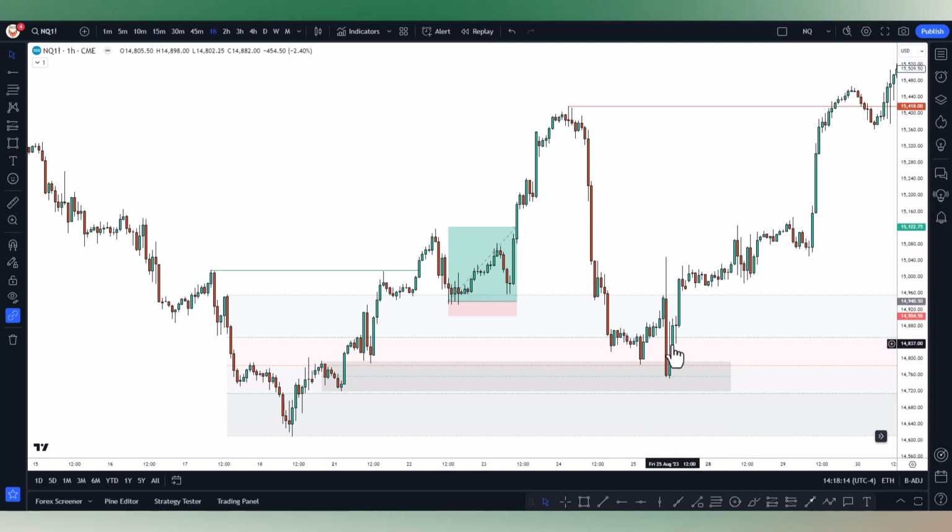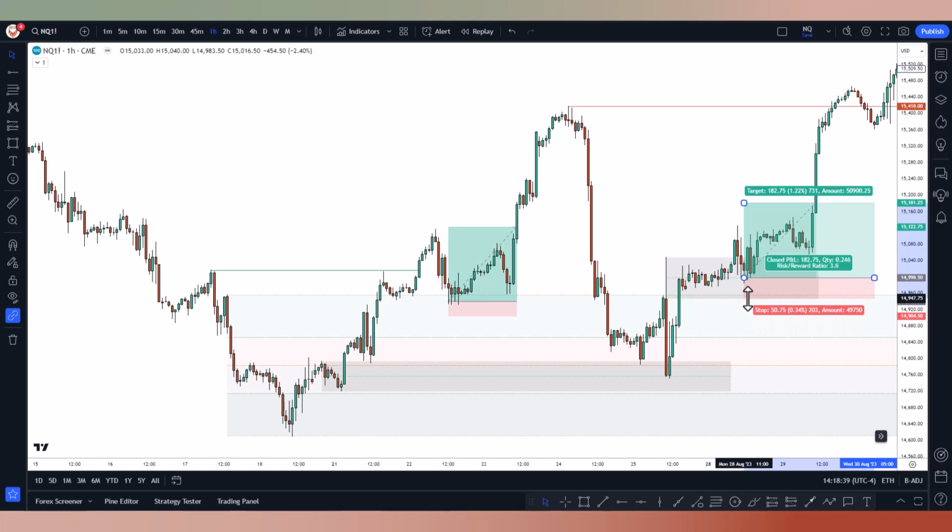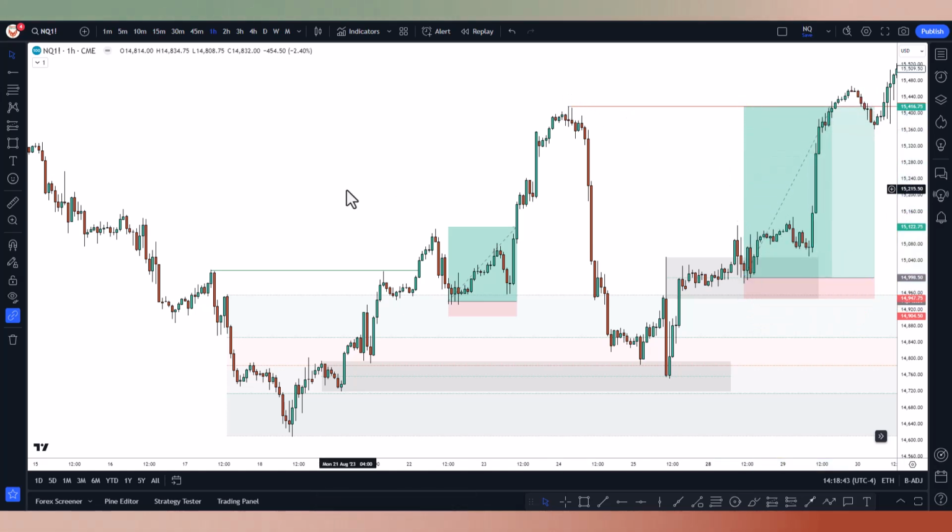And in this case, for the second entry, you see that we have a hidden S&D in here, and the hidden S&D will act as a zone or as a flip zone. So after we breached that hidden S&D and closed it above, we came back at the 50% and you want to go long in here and target this high.